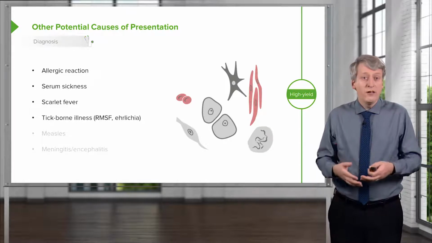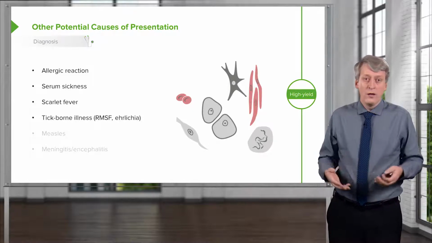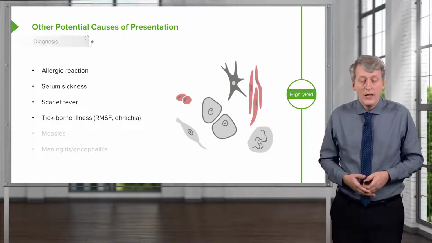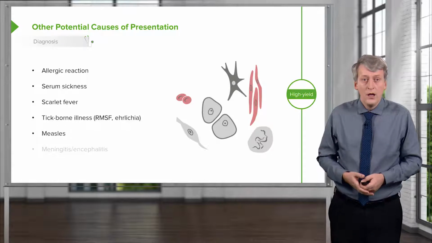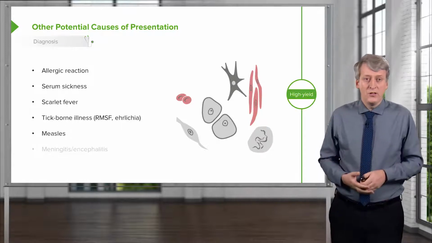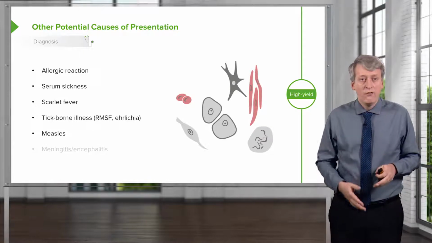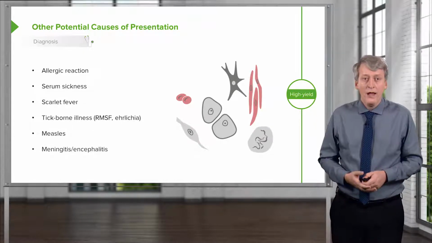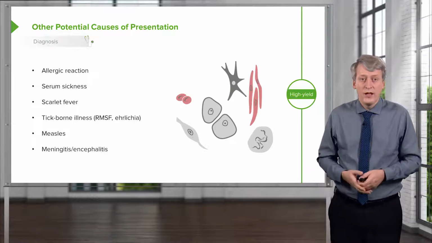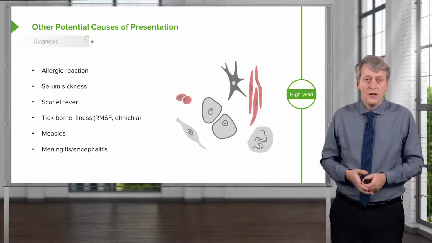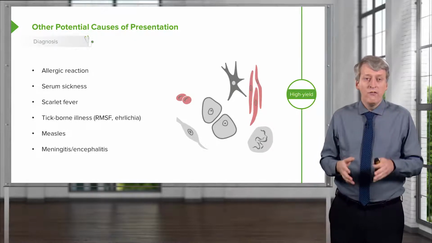There are a variety of tick-borne illnesses, such as Rocky Mountain spotted fever or Ehrlichia, that can present similarly. Measles might be mistaken, but measles does have the classic finding of conjunctivitis followed by the head-to-foot rash. And meningitis or encephalitis may look similar to this. Basically, these patients are very, very sick.